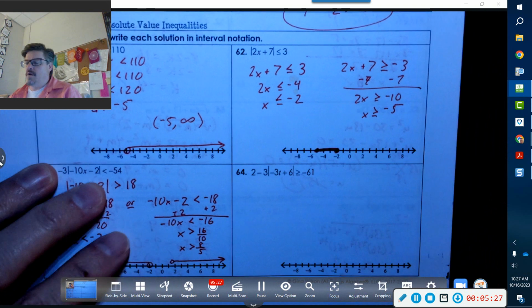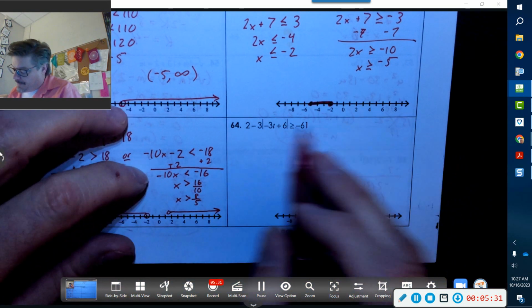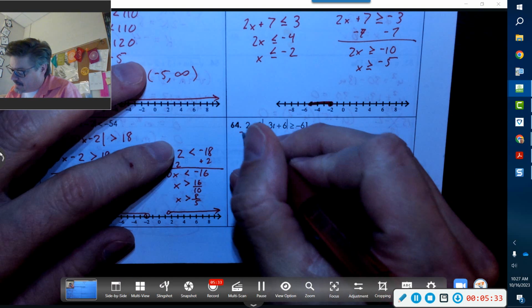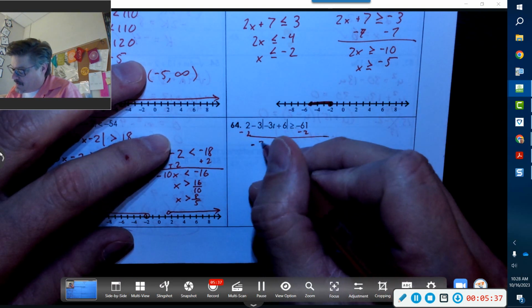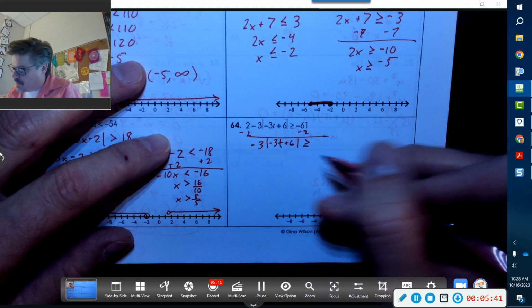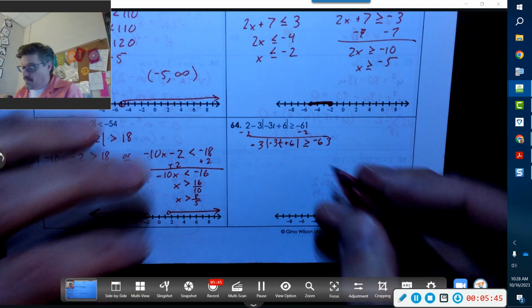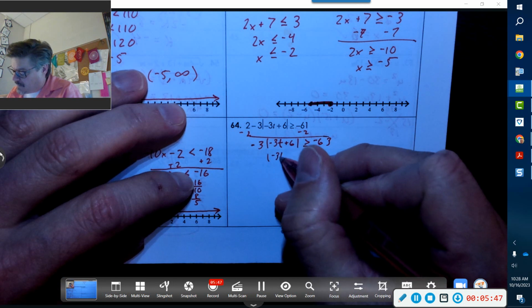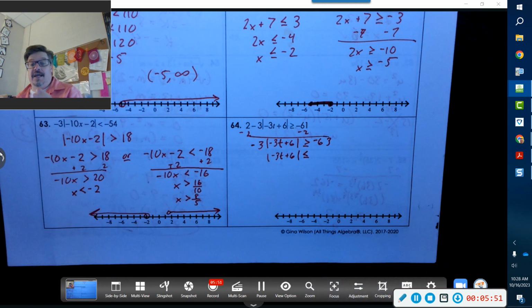All right, last one. You guys will be ready for the test. The absolute value is not isolated, so let's subtract 2. That's negative 63. I'm going to divide by negative 3, and that will switch the direction of the inequality.